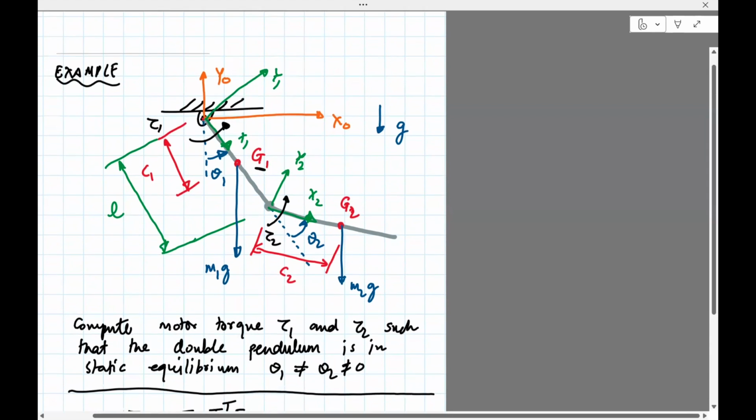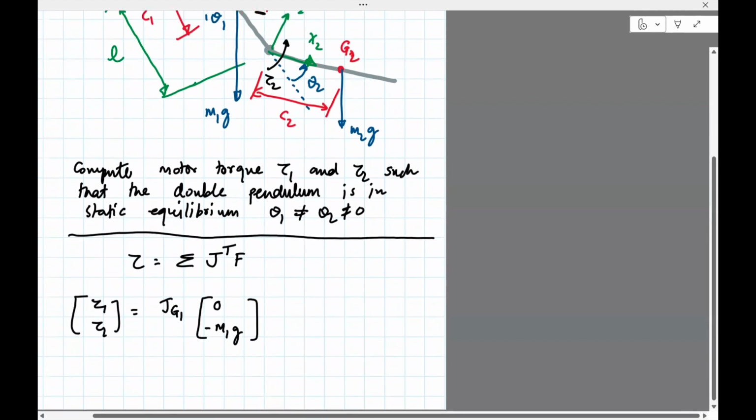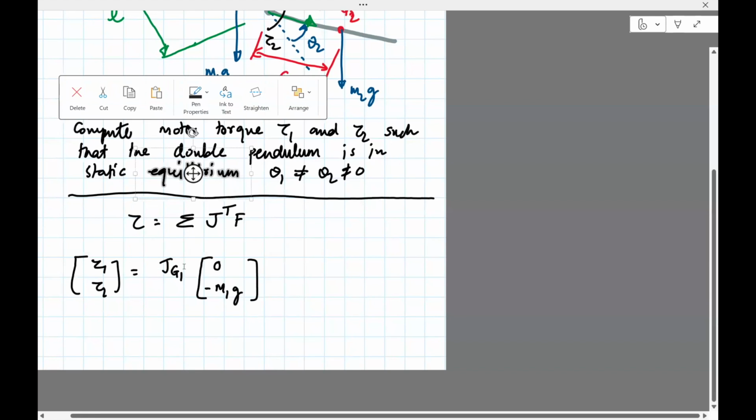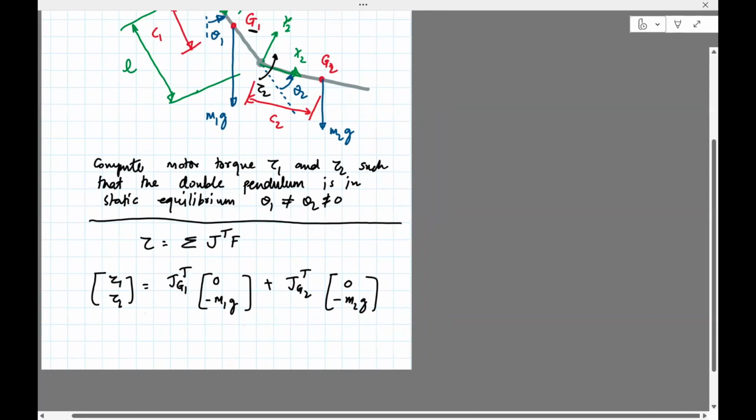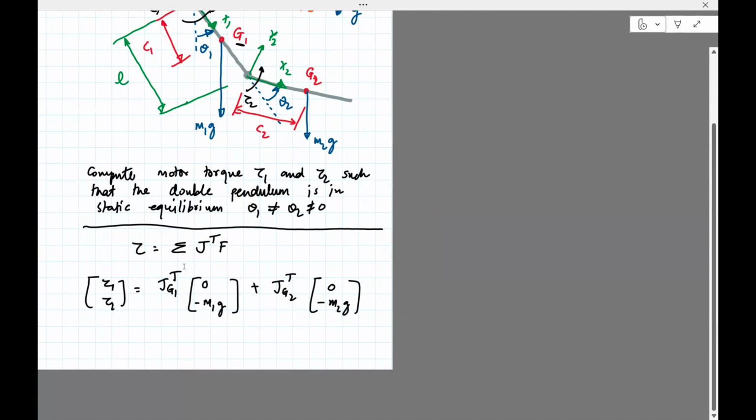So you can see it here. This is positive, right? So it's downward. So that's a transpose. And then J G2 transpose times (0, minus m2g). So if you know JG1, JG2, just one line, you can get the answer. No free body diagram needed.